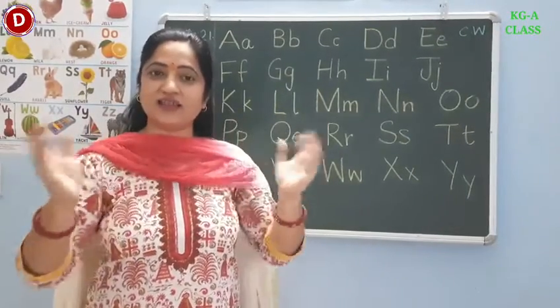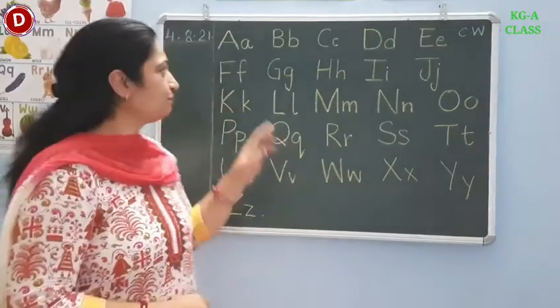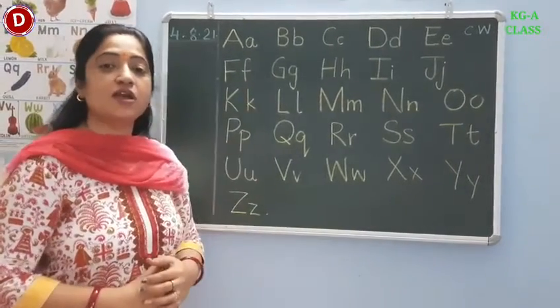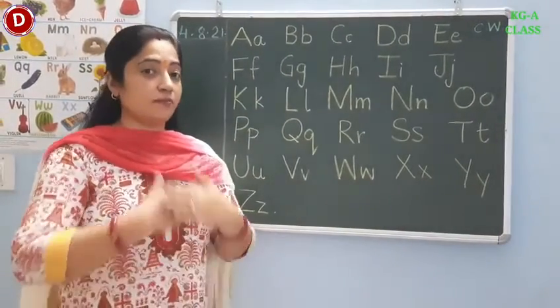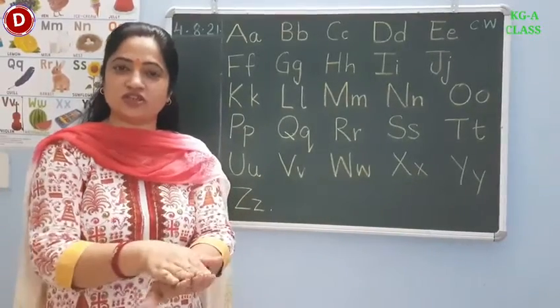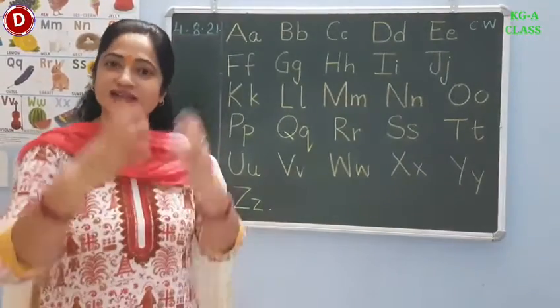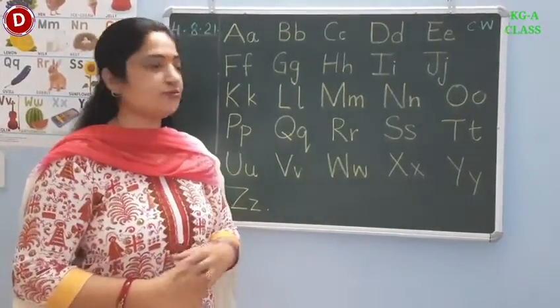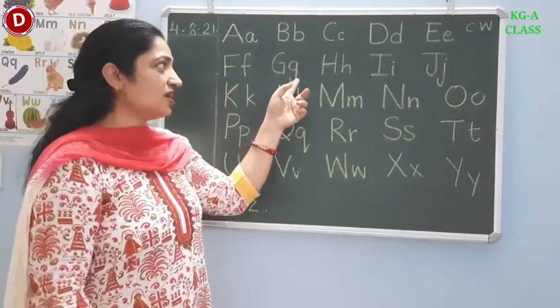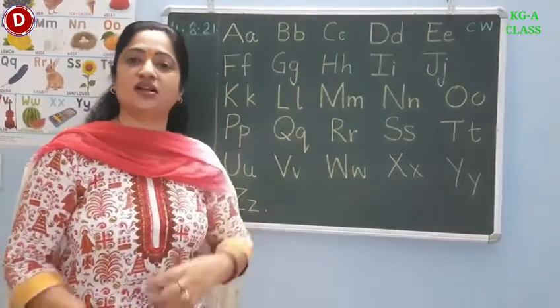Cracks the eggs like this. E says e. Now comes F. Capital F, small f. My friend and I went to the beach with my floating fish. It got a hole and air came out. So F says f. This is capital G and this is small g. G says g.